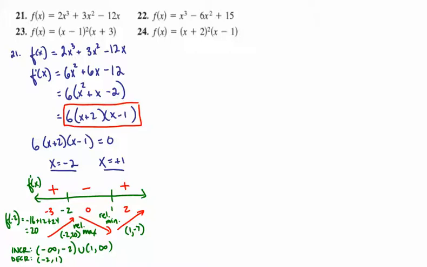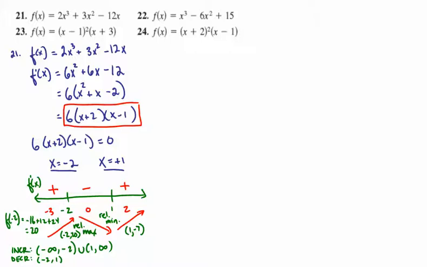We've found the intervals on which the function is increasing, negative infinity to negative 2 and 1 to infinity, where it's decreasing from negative 2 to 1, and we use the first derivative test where the derivative changes from positive to negative to identify a relative max at negative 2 and 20, and where it changes from negative to positive to identify a relative min, which occurs at 1 and negative 7.